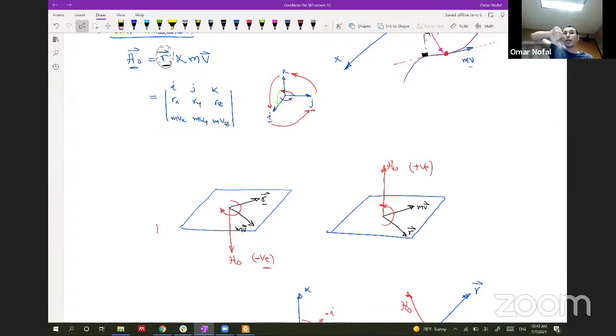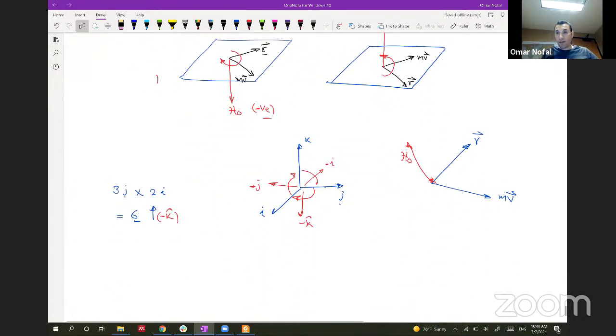But if you curl your hand and your finger is pointing inside, going down, it will be negative. This concept is general across the whole dynamics class, so you should be able to apply the right hand rule to get the direction, whether positive or negative.